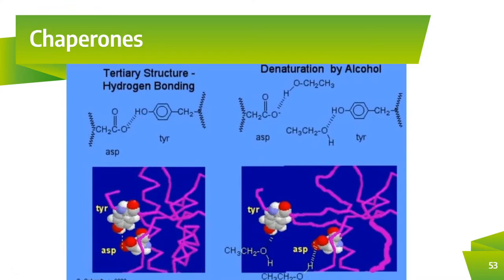But as soon as you add ethanol, this hydrogen bond is replaced by ethanol. This is the formula of ethanol, and it forms this hydrogen bond instead of the tyrosine. They each get their own ethanol molecule that binds to them, and in the 3D structure they would basically move apart, right? They would not be connected anymore. So what alcohol does to proteins is change their shape and make them nonfunctional.